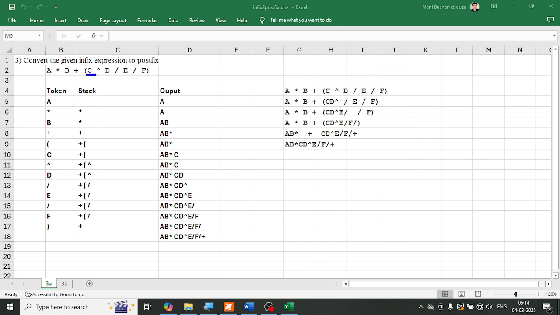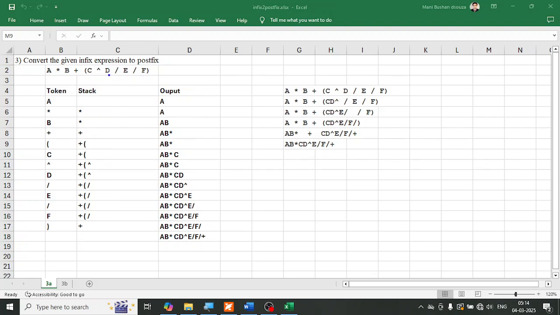You can consider this one as a separate expression altogether. So you don't compare anything, just push the exponential into the stack, and the output will remain the same.